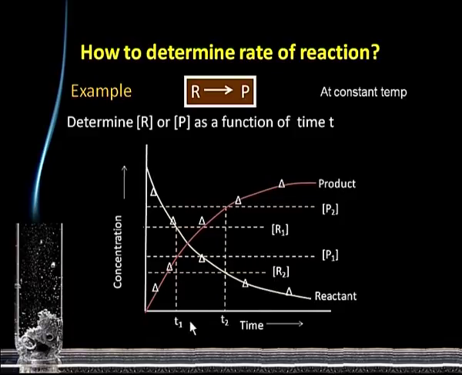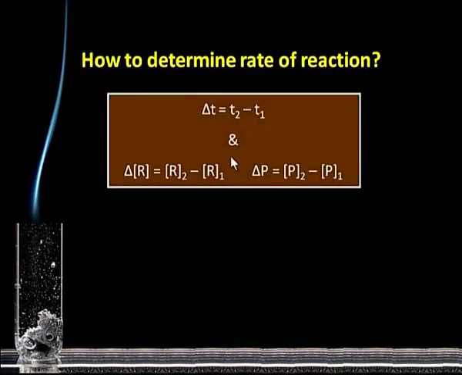And if you want to find out the rate, find out the concentration of the reactant or the product at time t1, and after a sufficiently long period, say t2, and then work out the time difference t2 minus t1, and the change in concentration that has occurred during this time period.